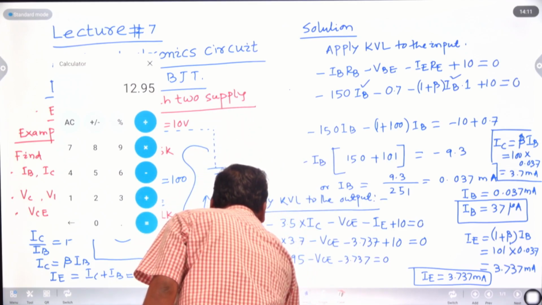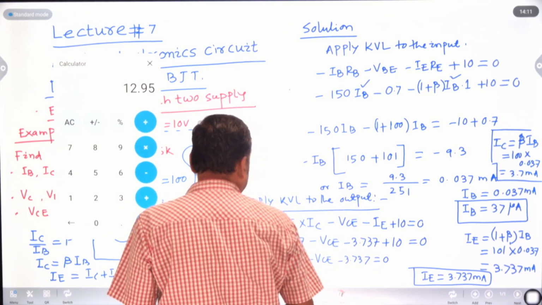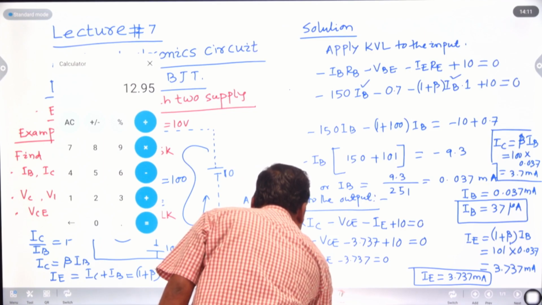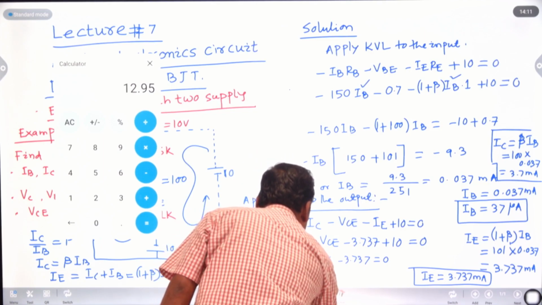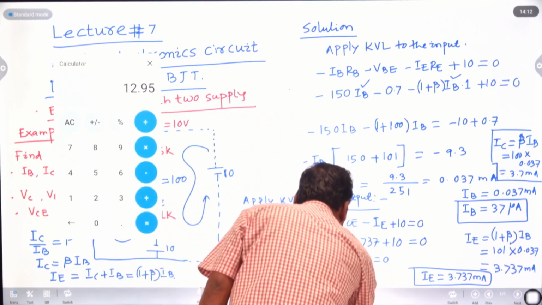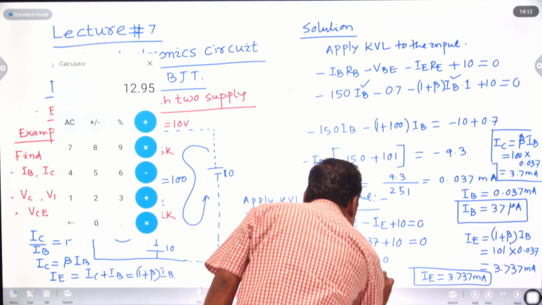So VCE equal to, 20 goes to the right hand side, it becomes negative, minus 20. Minus 12.95 becomes plus 12.95 on the right hand side, and minus 3.737 becomes plus 3.737.